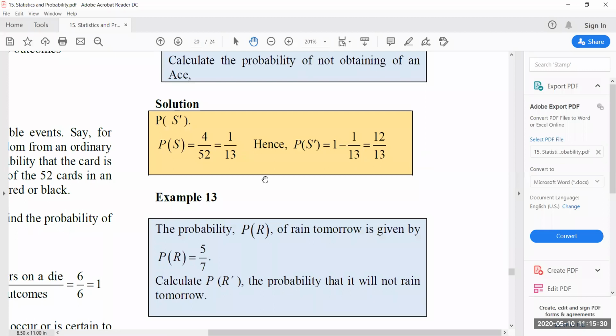No, sir. So let's look at another example here. The probability P of R of rain tomorrow is given by P of R is equal to 5 out of 7. Calculate P of R prime, the probability that rain will not happen tomorrow.